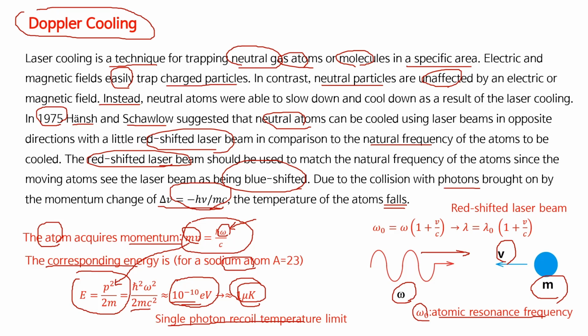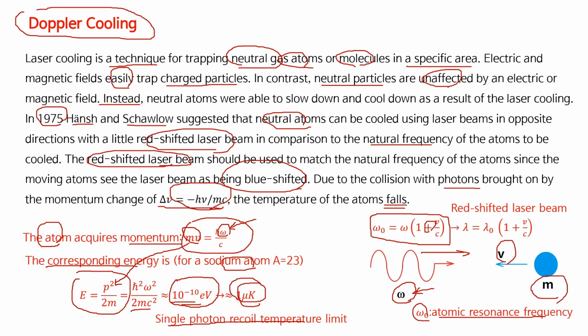So this atom will see the laser beam with frequency omega as this frequency due to the Doppler shift, because the atom is moving toward the laser, so we have the plus here.